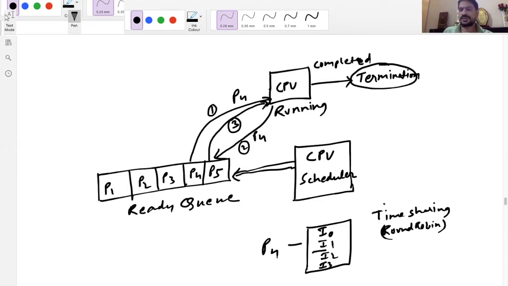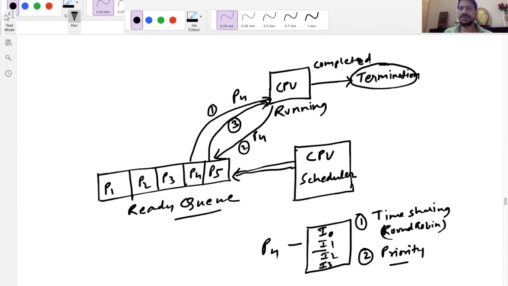So for preemption, this is one criterion, the time sharing. The other criterion of preemption is priority. There may be a chance that a process with higher priority comes into the ready queue, into the ready state, and this program wants the CPU resource right now.